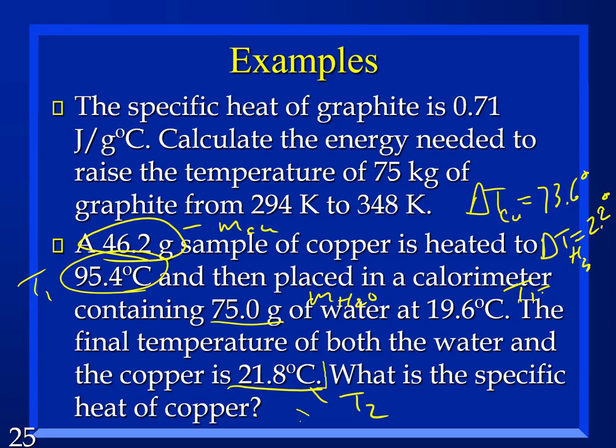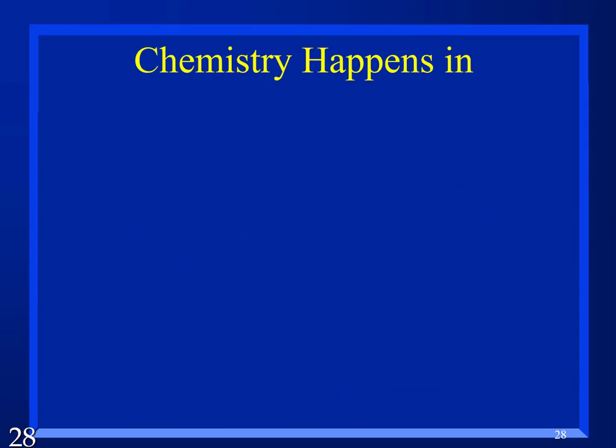But that heat came from a reaction. So we should be able to include the amount of heat in the reaction. Okay? So chemistry happens in moles. But we can actually put heat into the equation.